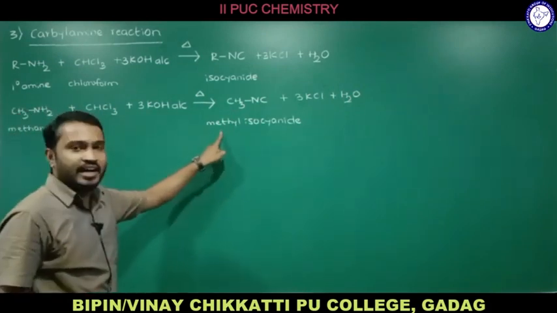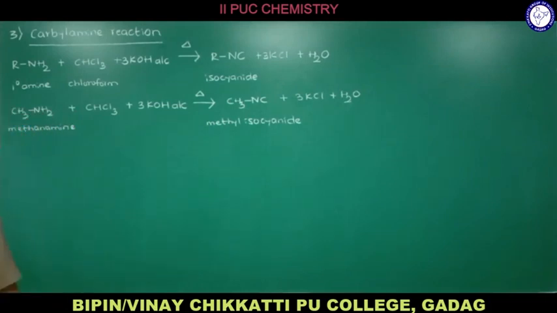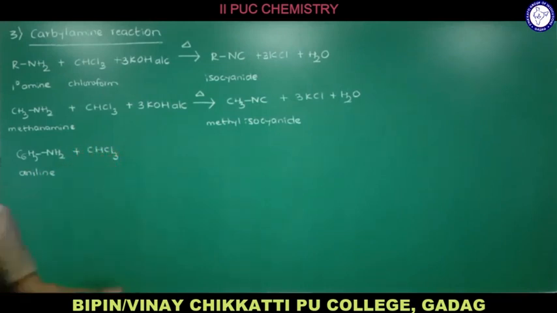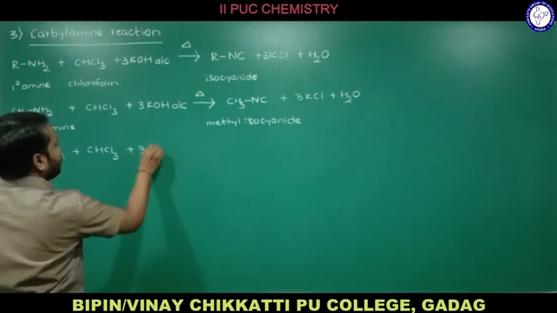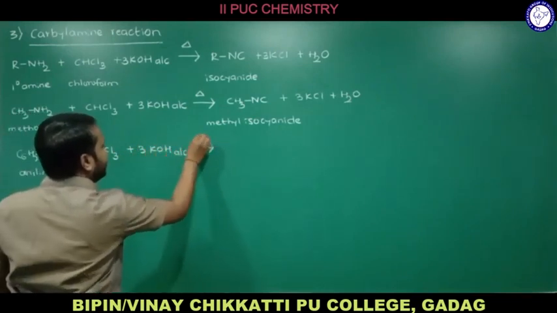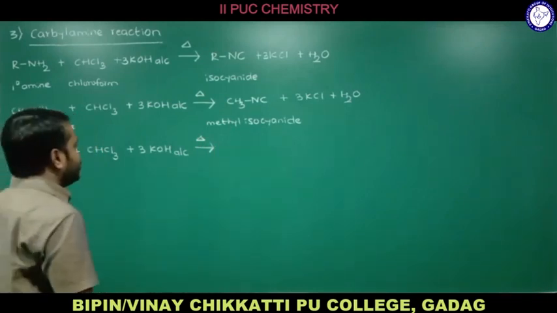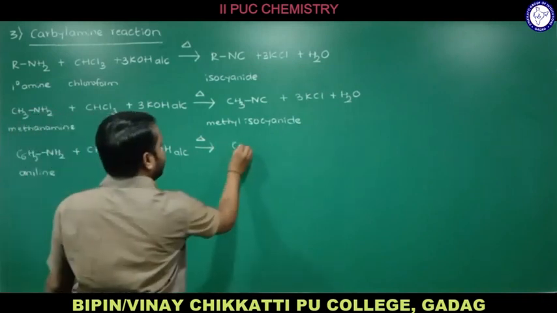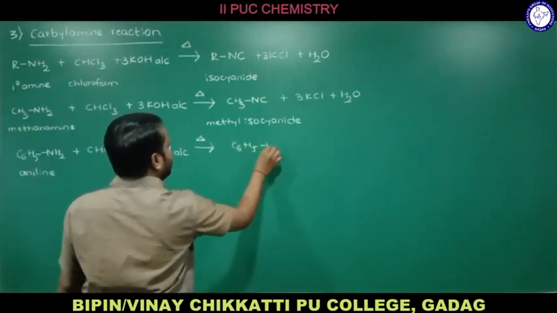So this is how, if you consider methanamine, after the carbylamine reaction we end up with methyl isocyanide. Similarly, I consider C6H5NH2. This is an aromatic amine, aniline. When this compound is heated in the presence of chloroform and alcoholic potassium hydroxide, of course we need to heat, and here the phenyl group is considered, therefore we are going to get C6H5NC.